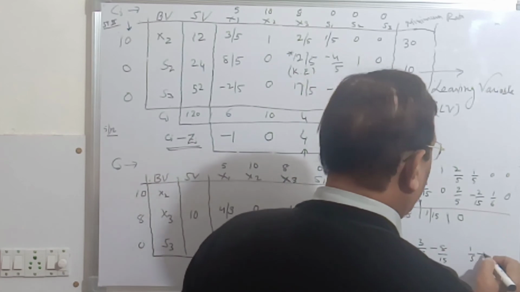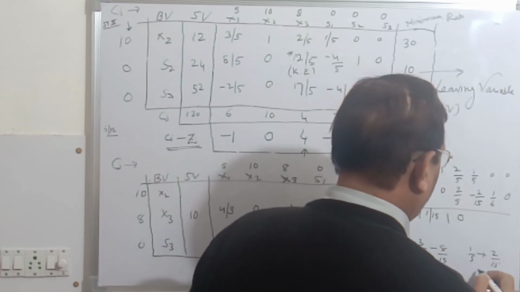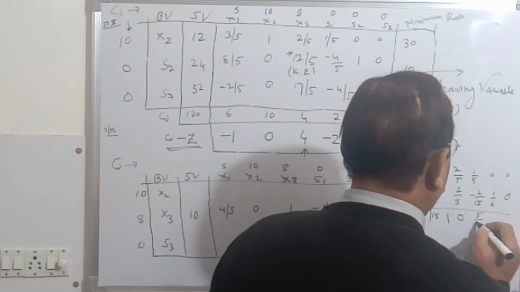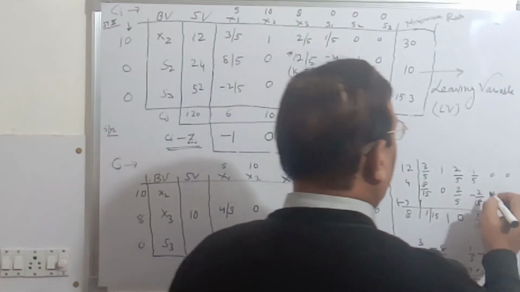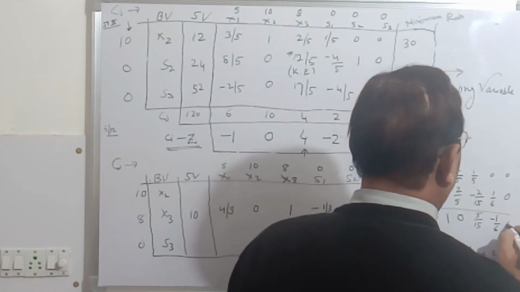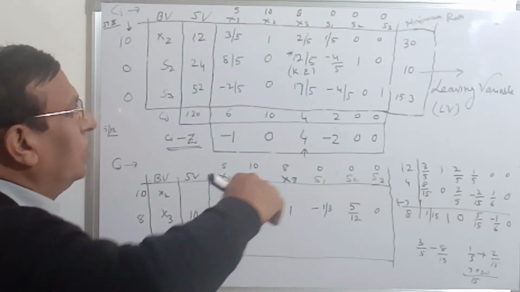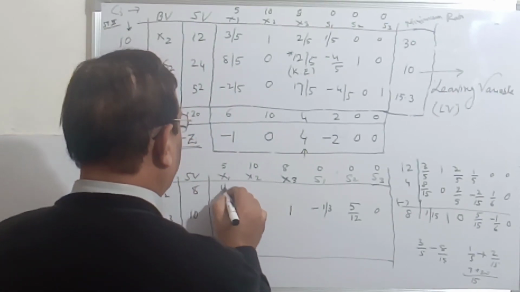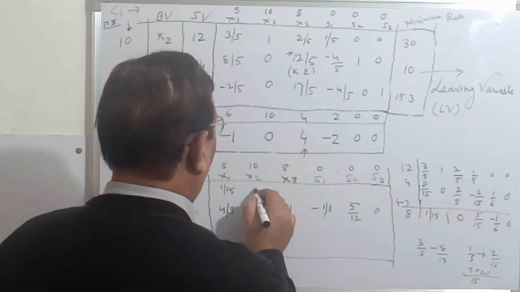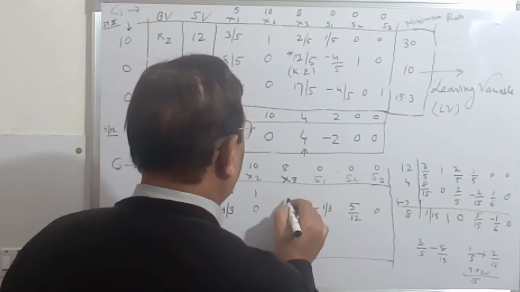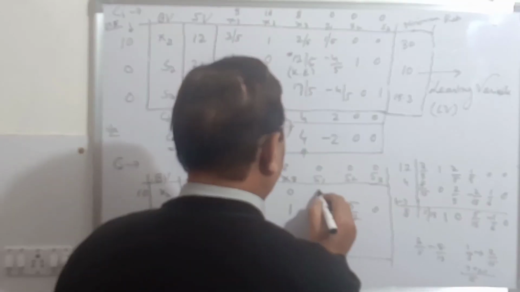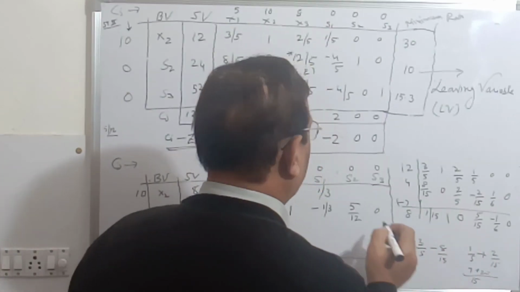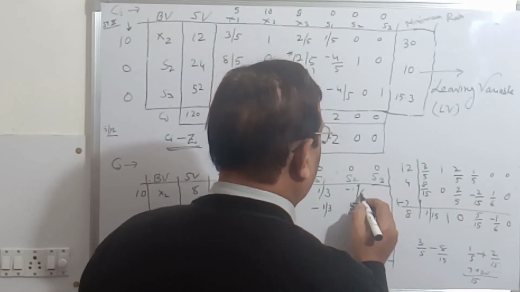This is minus, so it will become positive 2 by 15, 3 plus 2, 5 by 15. Then 0 minus 1 by 6, and this is 0. So write down this new row over here. 8, 1 by 15, 1, 0, 5 by 15, you can write 1 by 3. Minus 1 by 6, and this is 0.